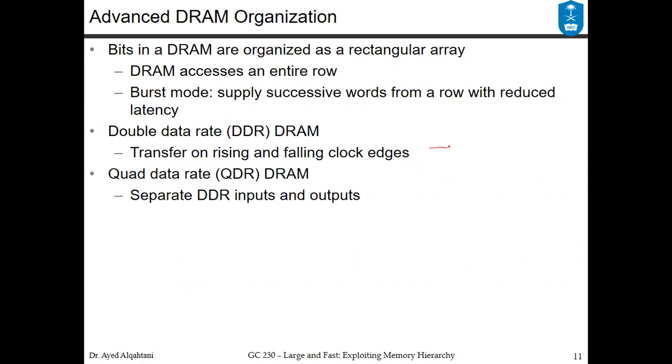So when you have a clock, in the rising edge you transfer, and also in the falling edge you transfer. And this is why it is double. In the quad data rate, or the QDR DRAM, you have a separate DDR input and another DDR output. And this is what makes it quad, because you have rising and falling for the input and rising and falling for the output.